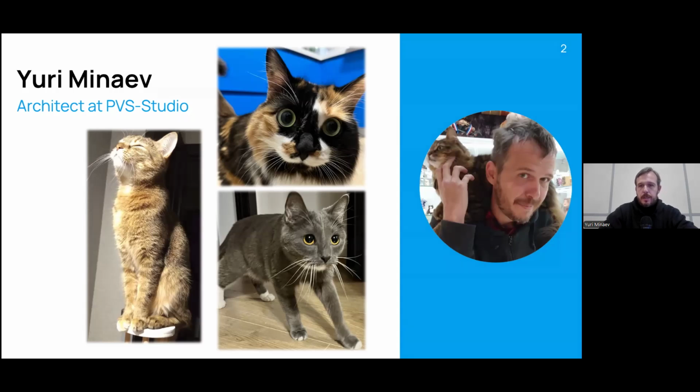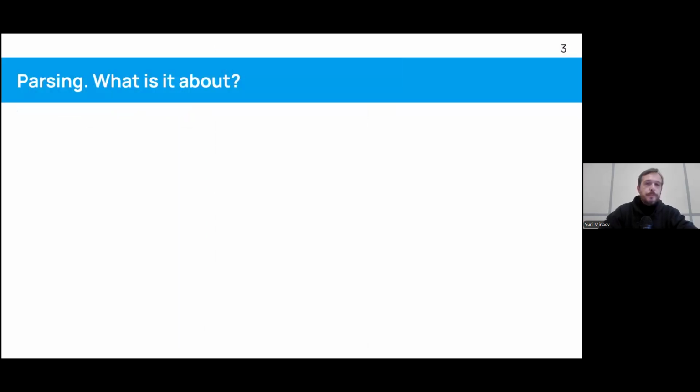Okay, so we are talking about parsing. So what is it about? What is parsing? Let's look at some input like this. How it goes, we take a string, a huge string, usually it's a source file or something, as input. And then this string goes through the lexer. Lexer is a small, actually simple piece of code which tokenizes your input.